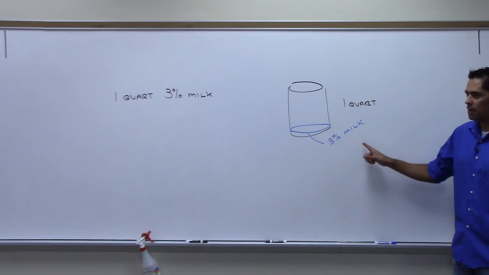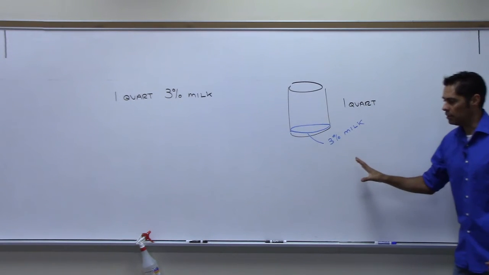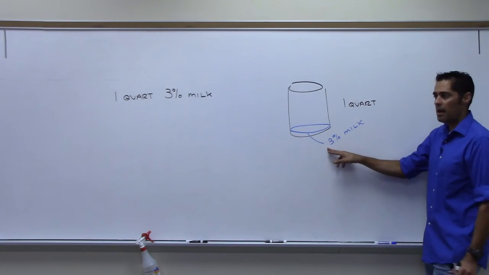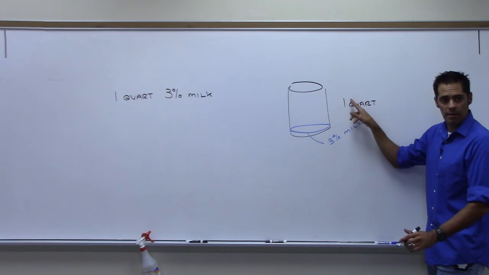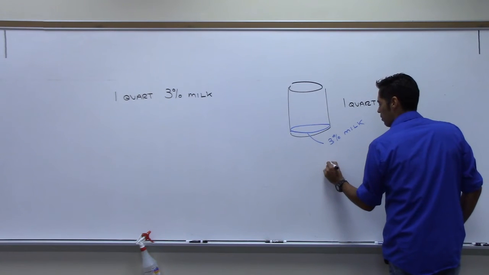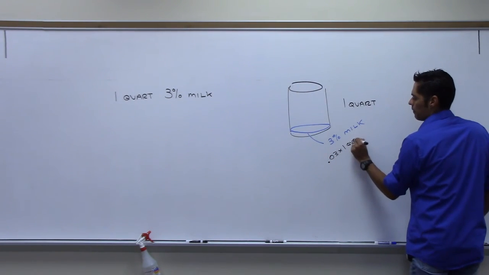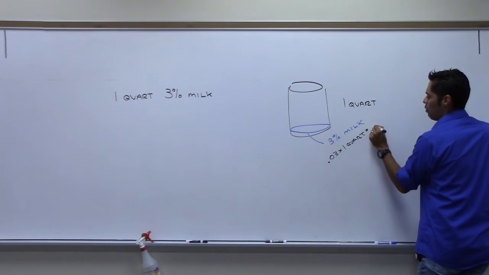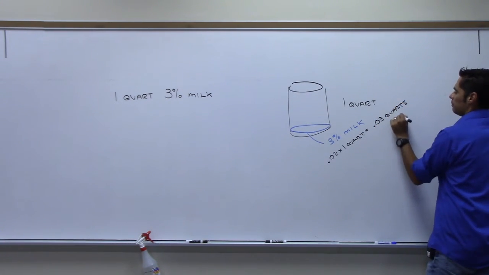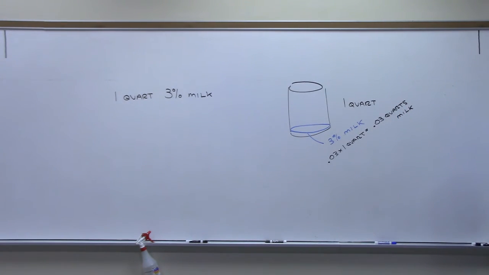How many quarts of milk? I have 1 quart of everything. How many quarts of milk are in here? You're going 0.03 times 1 quart, right? Understand that? So you do 0.03 times 1 quart, and that tells you you have 0.03 quarts of milk. Okay, so that's what I'm starting with.